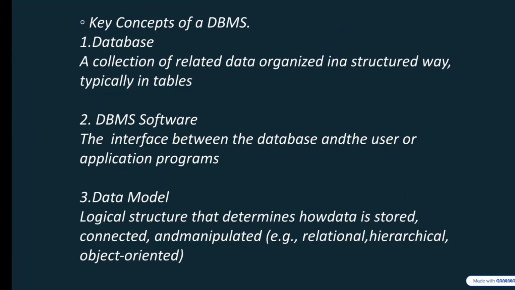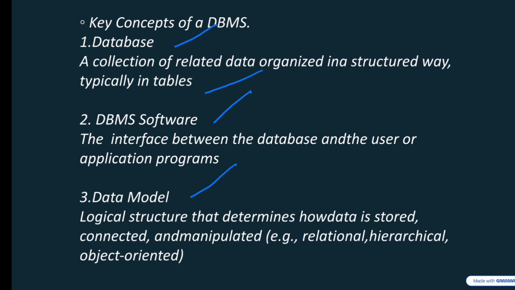Now let us see the key components of a DBMS: database, DBMS software, and data model. A database is a collection of related data organized in a structured way, typically in tables.